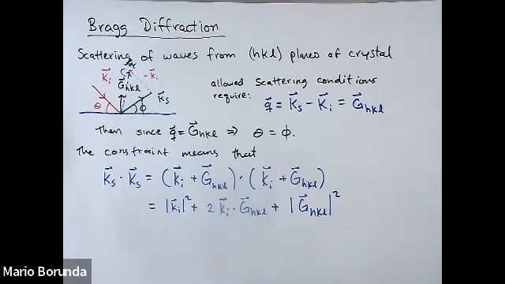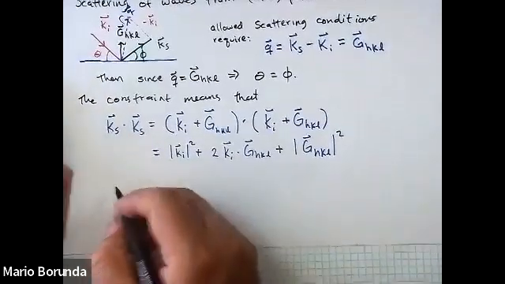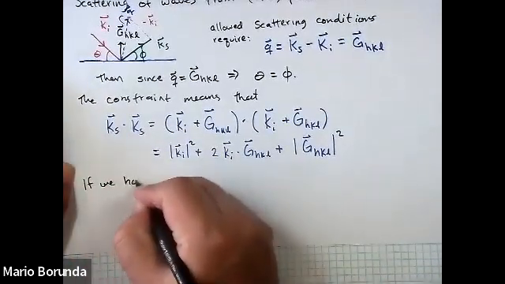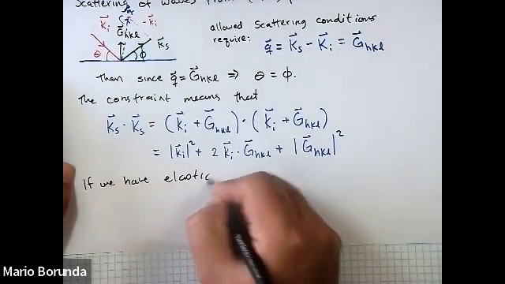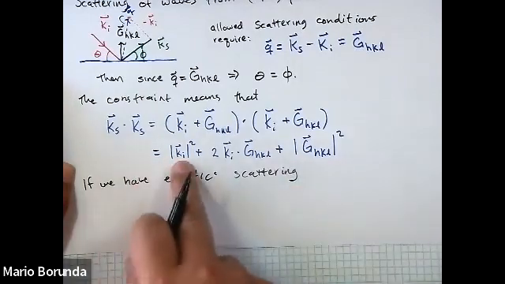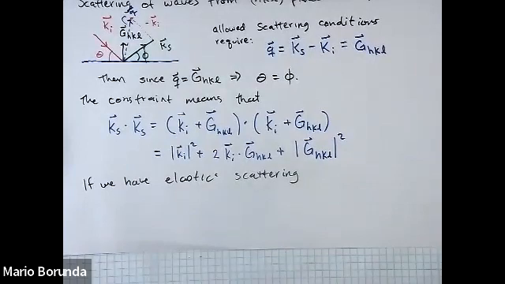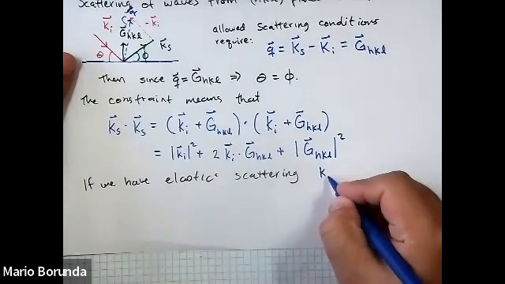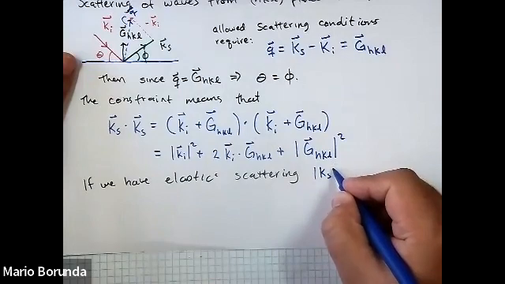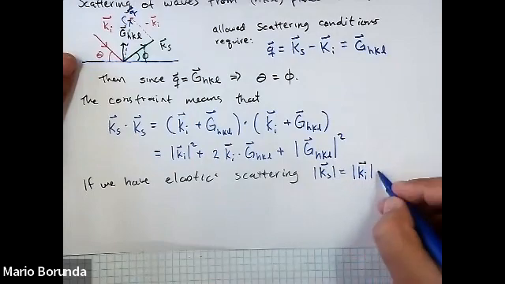When we have elastic scattering, and remember you can have non-elastic scattering too, elastic scattering is where energy is conserved. Then this magnitude and this magnitude are going to be the same. And therefore, we're going to get Ks magnitude is equal to Ki magnitude. They're just in different directions.